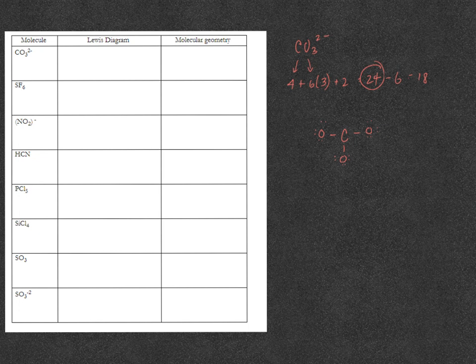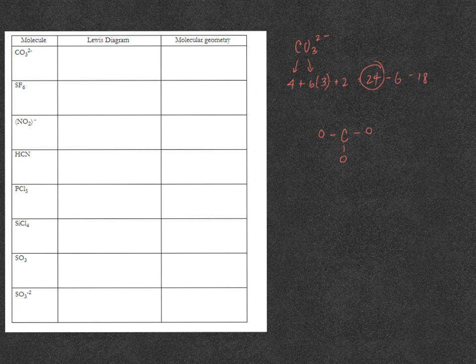Then you look, does everything have an octet? Well, oxygen does because it's got 8. Oxygen does, but carbon doesn't. So therefore, I do not have enough electrons to go around, and I need to adjust my structure, and I need to go back and add a double or potentially triple bonds or multiple double bonds.